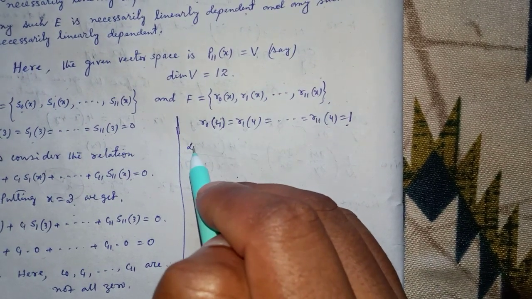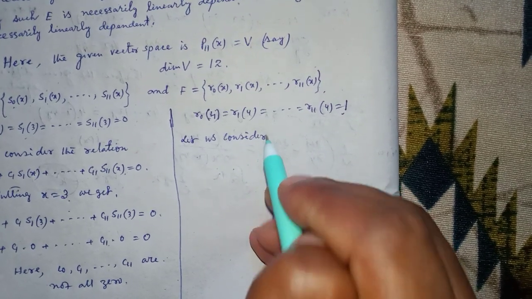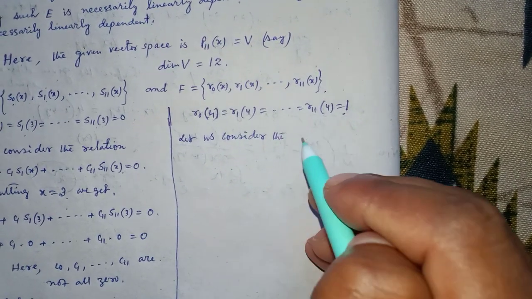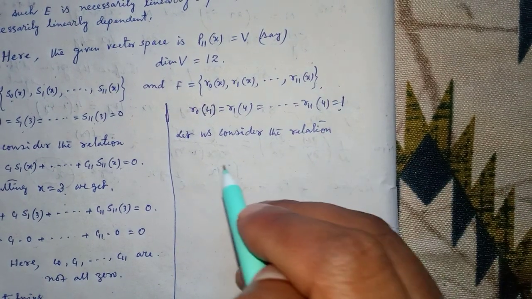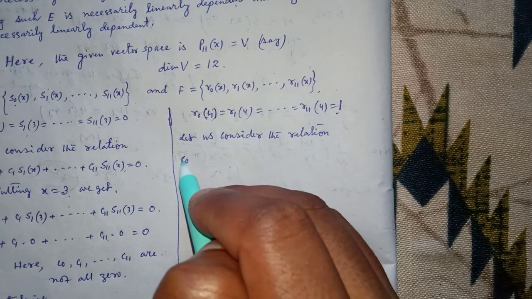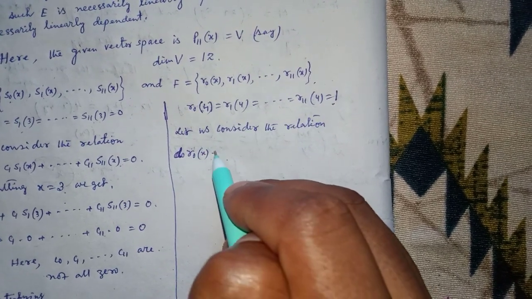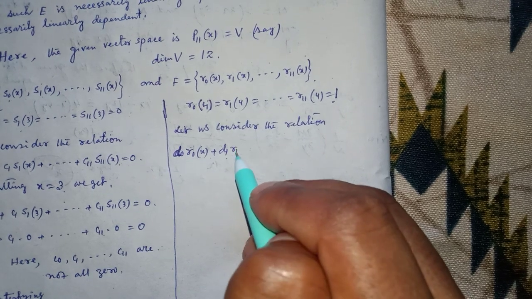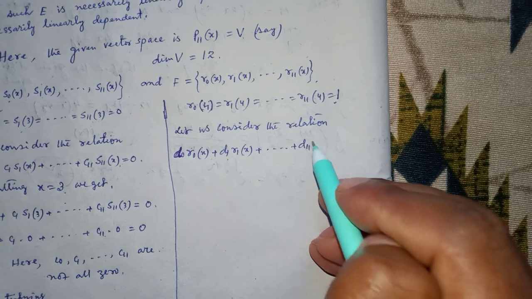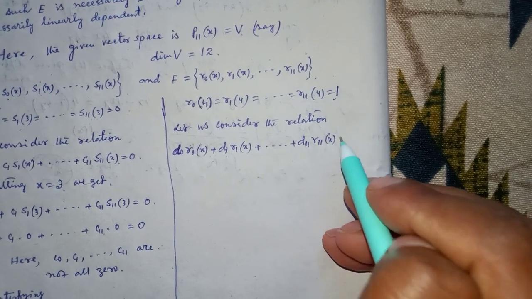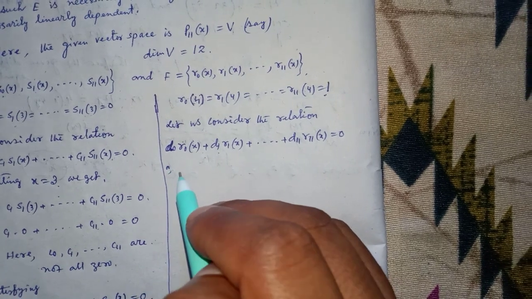So let us consider the relation d0 r0(x) + d1 r1(x) + ... + d11 r11(x) = 0.